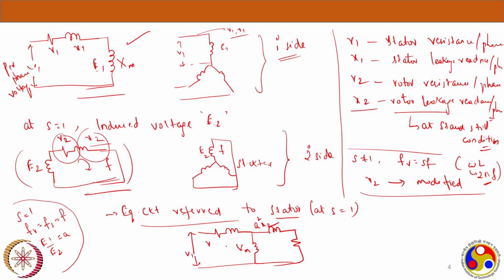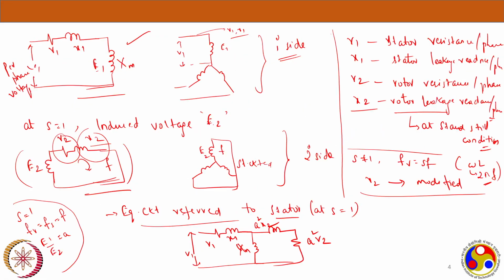So this is R1, X1, XM, a square X2, and this is a square R2. That's okay. Now this is what we have arrived at: the equivalent circuit referred to the stator side when S is equal to 1. S equal to 1 is a very simple case because frequencies remain the same and there won't be any problem in joining these two circuits.